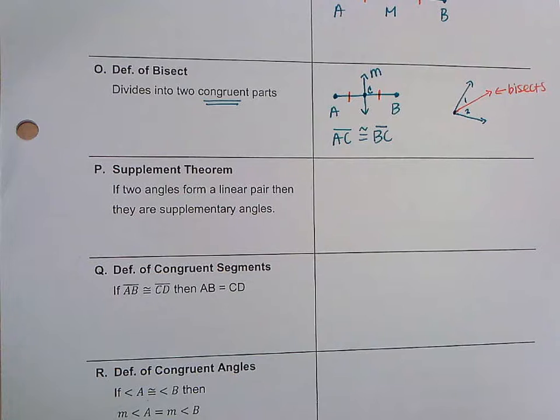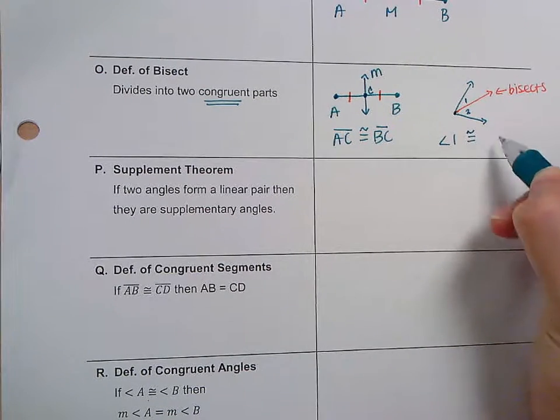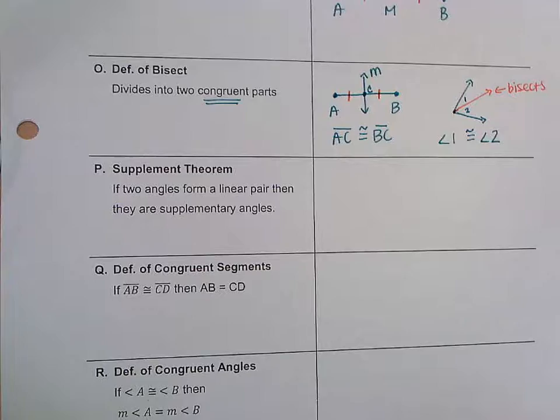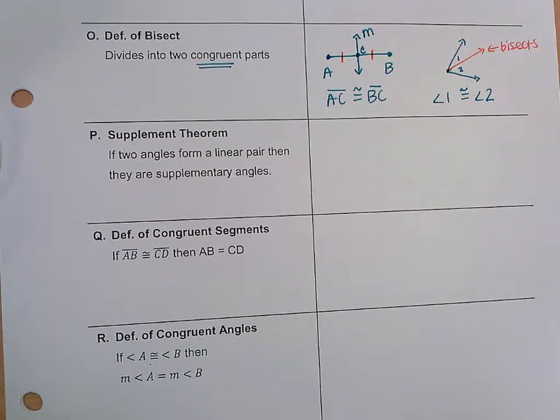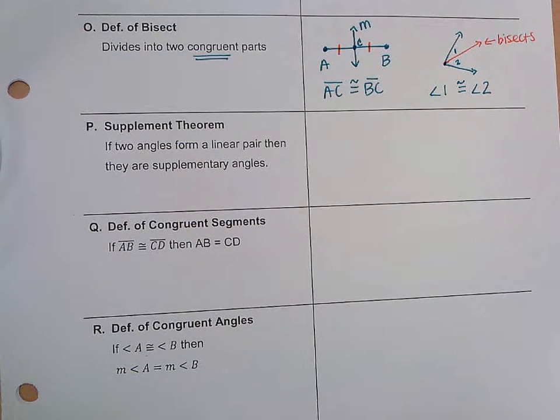So if I'm told that ray is bisecting the whole angle, then I can say angle 1 must be congruent to angle 2. So just understanding bisect not only divides it into two, so that bi, think like bicycle, that would mean two, but it's two congruent pieces. That's the key there.